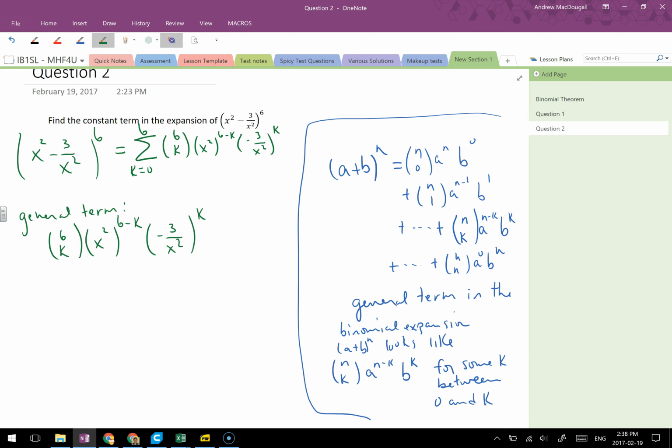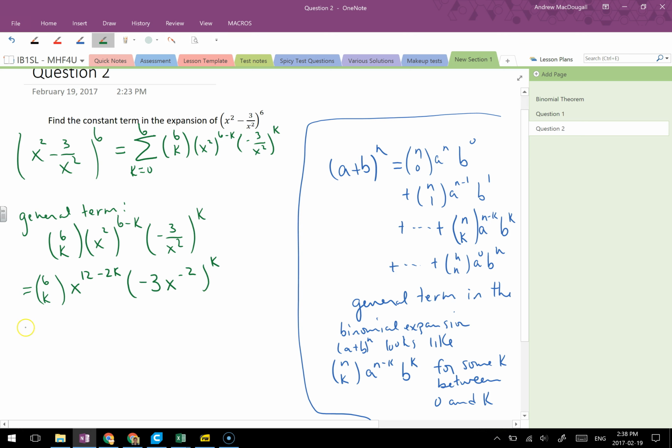So the next step is to simplify the general term. So this is 6 choose k, let's leave that alone. This is x to the 12 minus 2k. And this is negative 3, and let's change our x squared in the denominator to x to the negative 2.